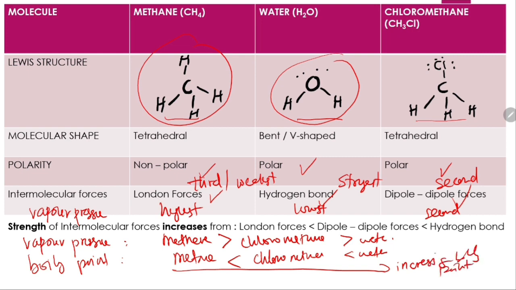Okay, so to make it easier for you to remember, vapor pressure is inversely proportional to boiling point. If it already has high vapor pressure, that means it will have low boiling point, because you just need a little amount of energy to raise the original vapor pressure up to the atmospheric pressure. This vapor pressure is related to the strength of intermolecular forces.